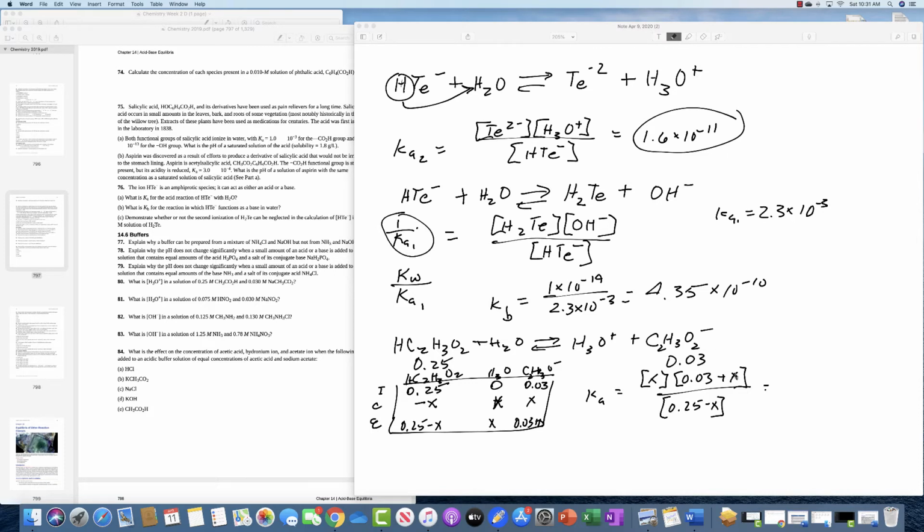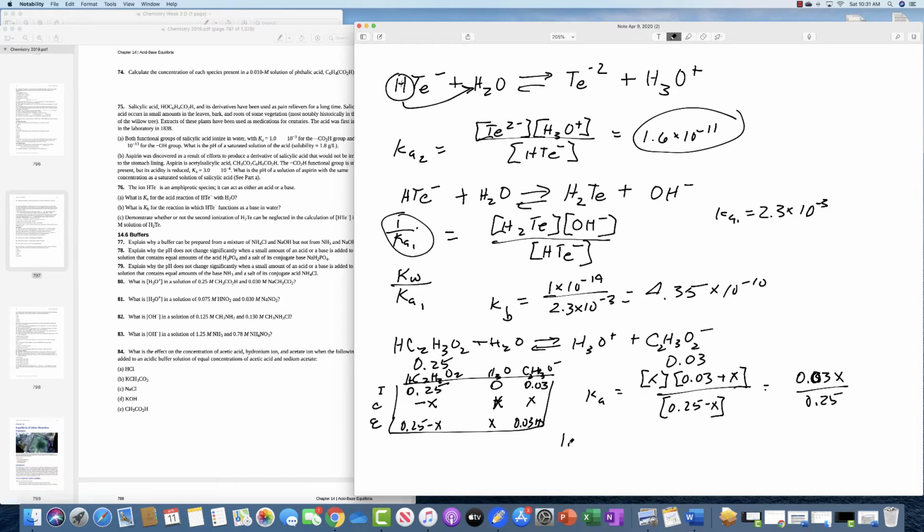We can do the same thing on the top here and end up with 0.03 times X over 0.25, which is equal to Ka.